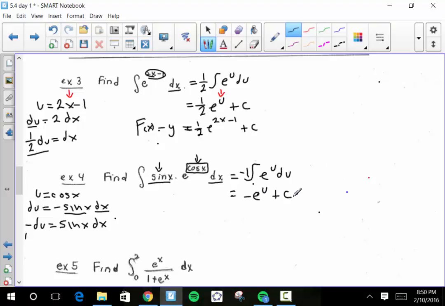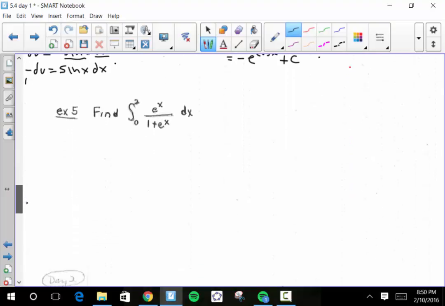And now I'm just going to plug in what my u equals. And u equals this right here. So my function turns out to be negative e to the cosine of x plus c right there. So that's integrating one with a trig function. That's my example 4.